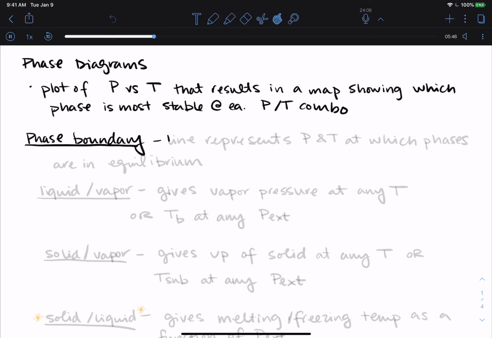And this line represents the pressure and temperature at which the phases are in equilibrium.